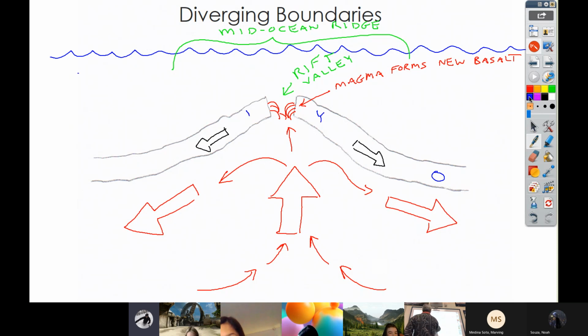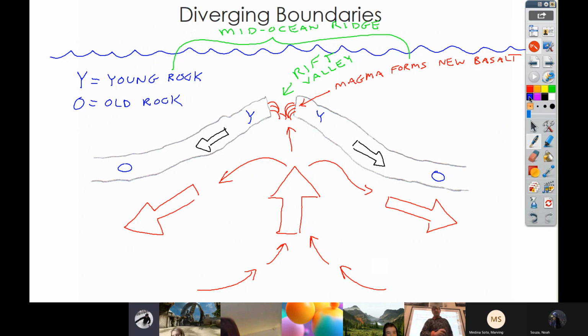Same thing over here. I'm going to label this Y and O. Notice it's a mirror image, left to right versus right to left. Y means young. And O means old.